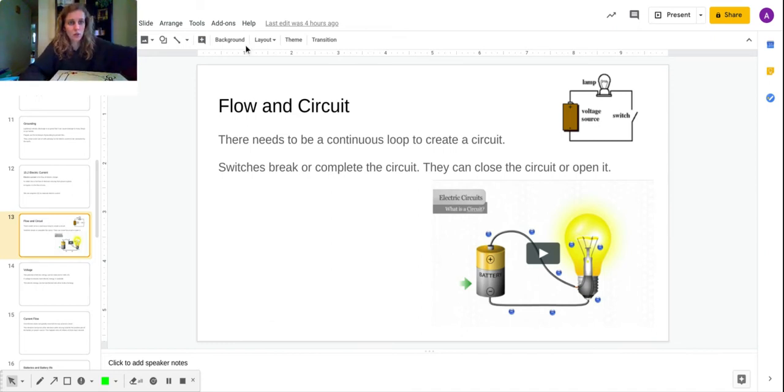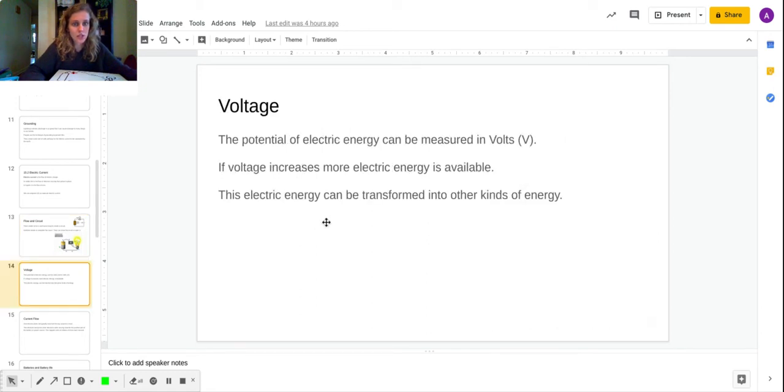Yes. So let's go to the next slide. Voltage. Voltage is potential electric energy, and we measure it in volts. If voltage increases, more electric energy is available. So if you have a battery with more voltage, more energy is available. A car battery has a lot more energy available than a battery that you put in a flashlight.